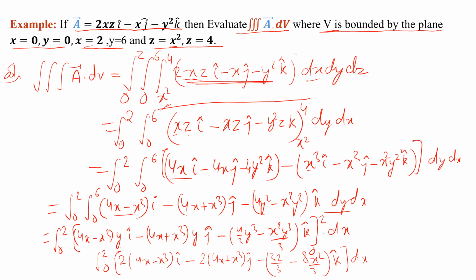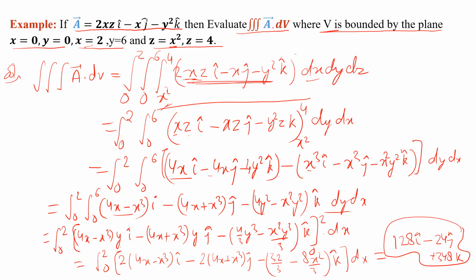Now take the integration with respect to x and substitute the limit, that is 0 to 2, and we obtain the value, that is 128 i 24 j plus 348 k. So we get the value of that triple integration.